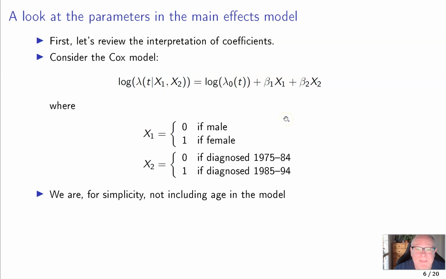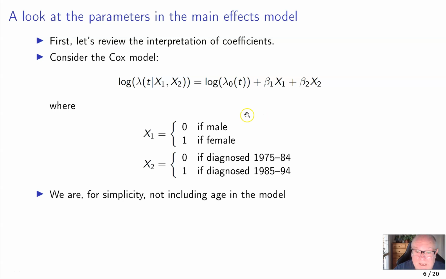At the baseline level, when sex is male and period is the early period, where both of these are 0, this bit becomes 0. So the predicted outcome is just the log baseline hazard. And this is the definition of the baseline hazard.